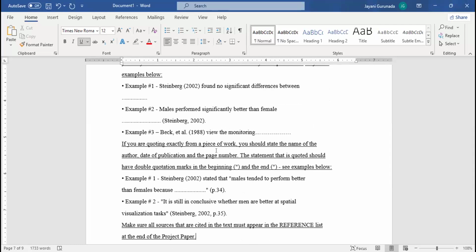In the literature review, you can't directly take from their pages or whatever it is and write it in ours. It's prohibited. You have to write in your own words but give recognition to them. Write it in your own words, and you must give due recognition to the author. Right? So if you are quoting exactly from a piece of work, you should state the name of the author.